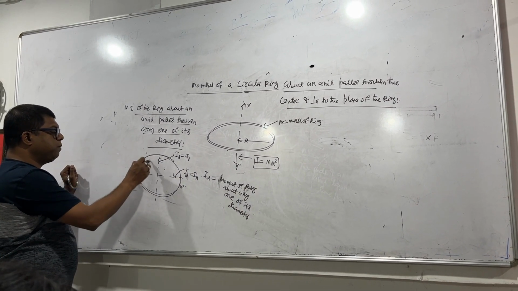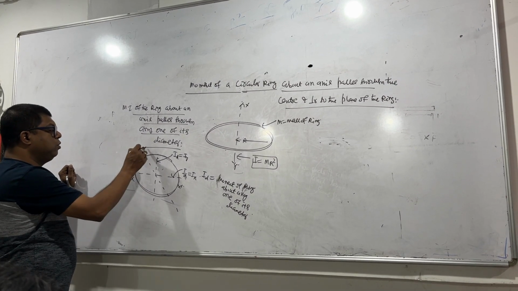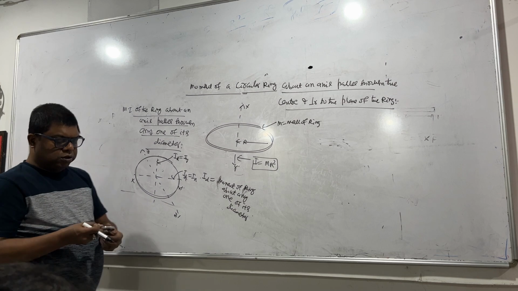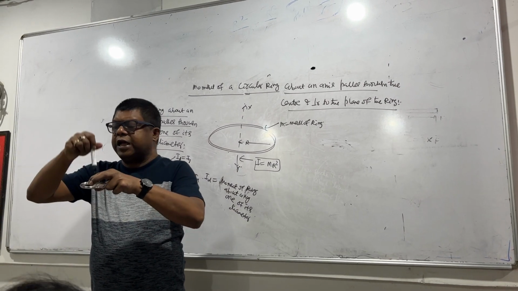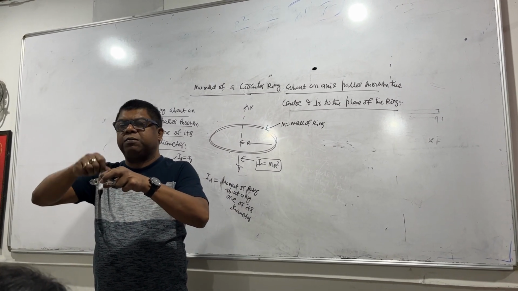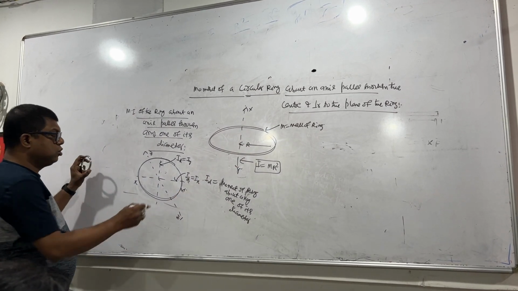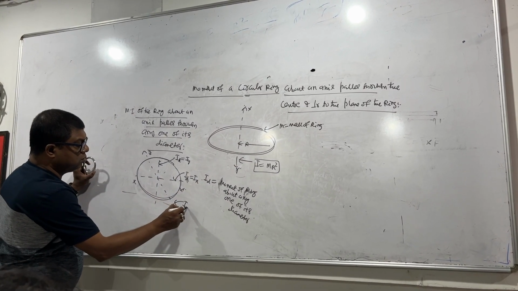The third axis passes through the center and is perpendicular to the plane of the ring. This is Iz, and you know that for an axis through the center perpendicular to the plane of the ring, Iz is equal to mr^2.